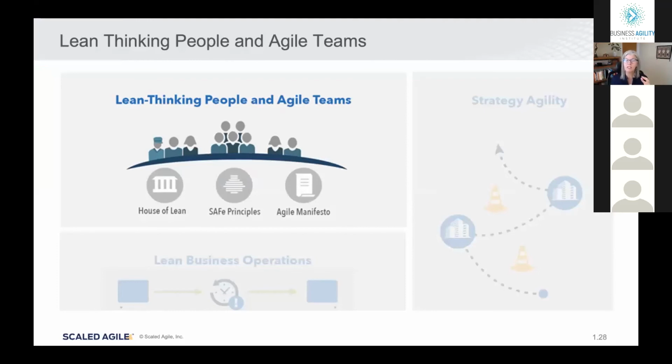This is where I do see a lot of value around agile marketing and agile finance. You've just got to do it in a way that if you have legal and finance and marketing on the same team, they can still speak the same language.